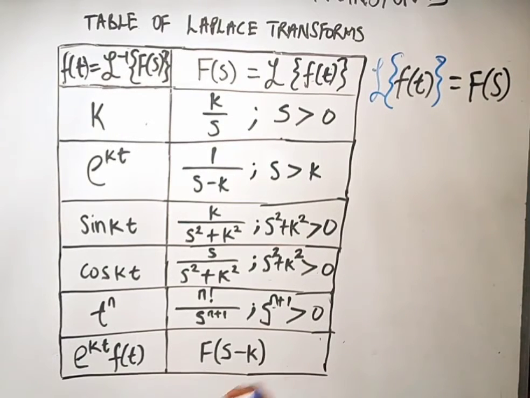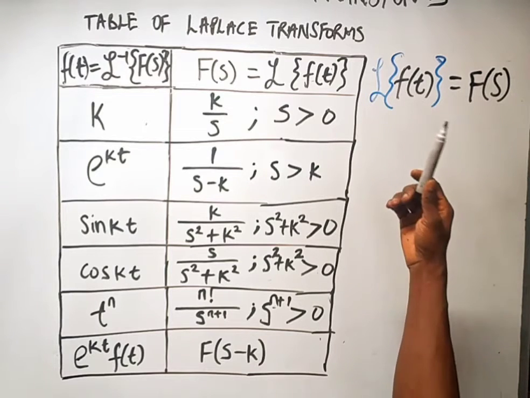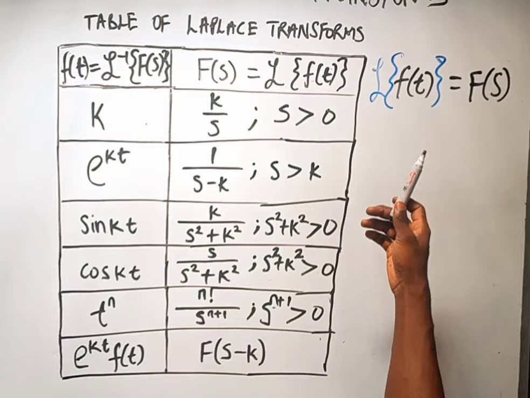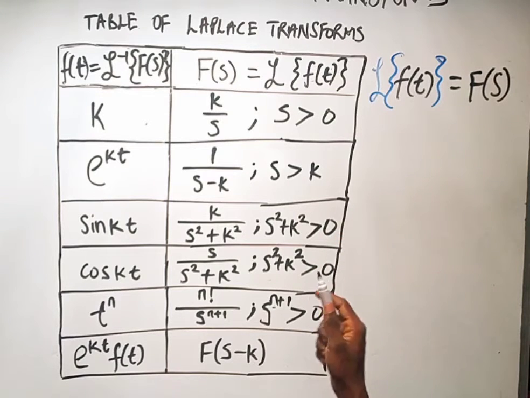So that is how we denote it. The Laplace transform of a function of t gives us a unique function. By unique, I mean no two different functions of t have the same Laplace transforms.